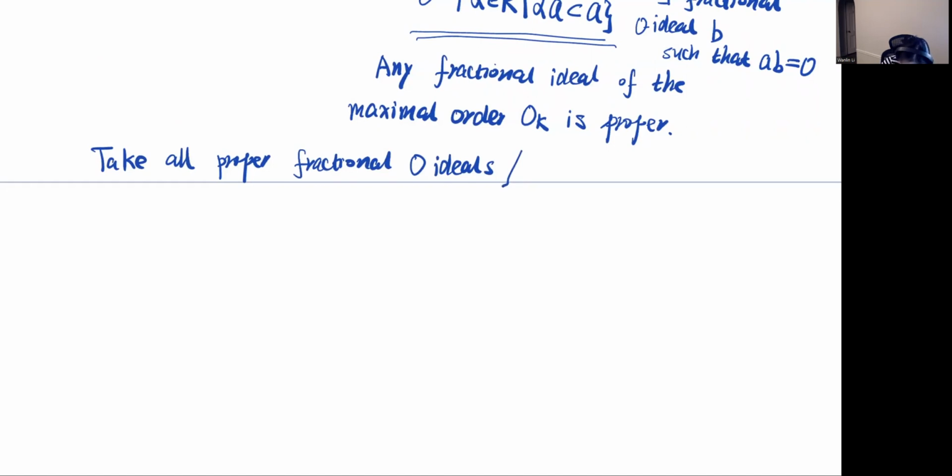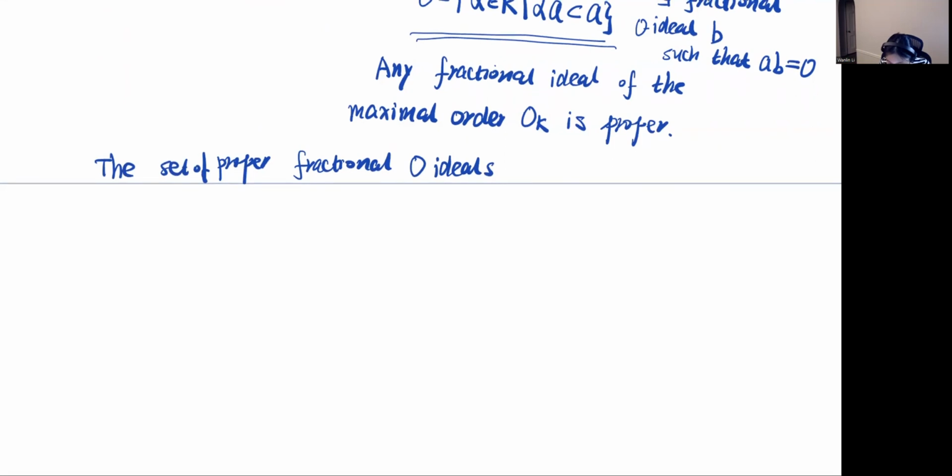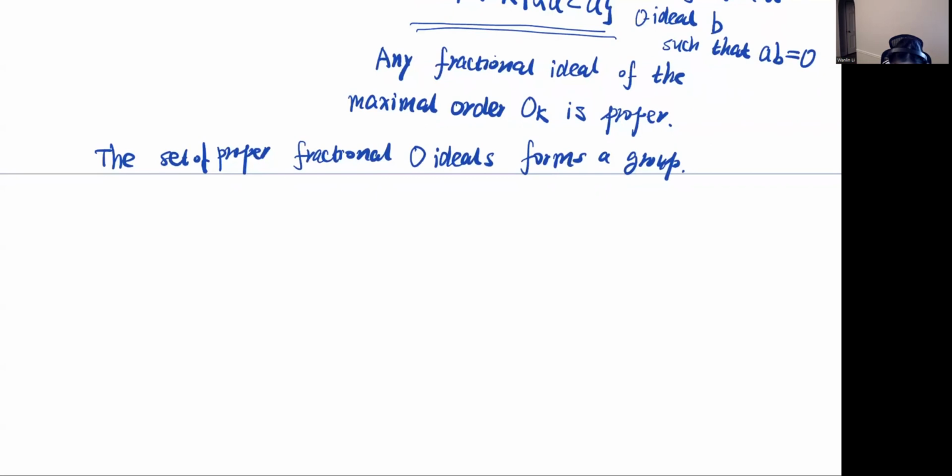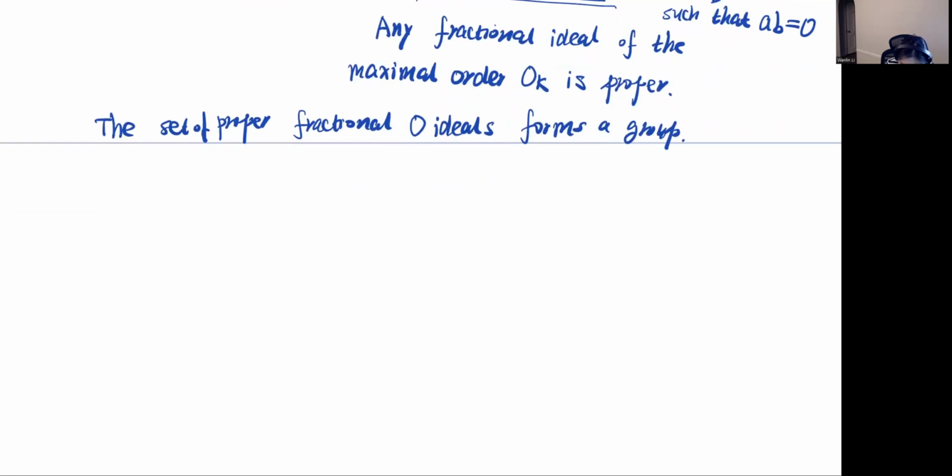First of all, I should have said one thing. Because proper fractional ideals are invertible, it turns out that the set of proper fractional ideals forms a group by multiplication, where O is the identity element. Inside the group we can construct a subgroup.